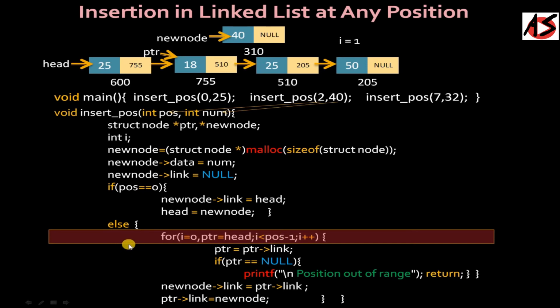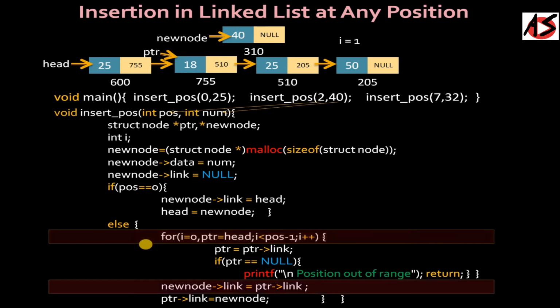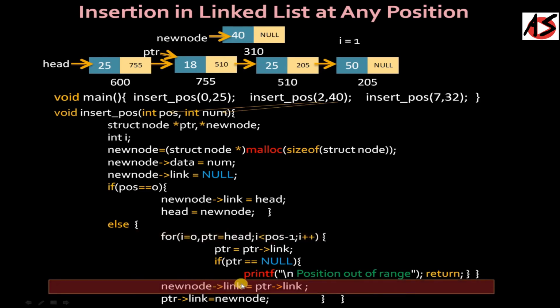So the for loop breaks and we can see here new node link part is equal to pointer link part. We have to copy the pointer link part, that is 510, into the new node link part. So 510 is copied in the new node link part. That was earlier the pointer link part.